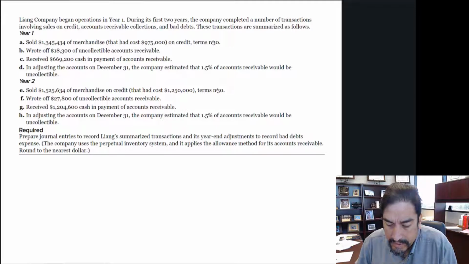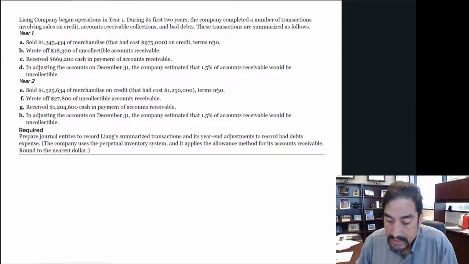We've got A, B, C, D, and E, F, G, H. We've got credit sales, credit write-offs, credit collections, and then the end of the year adjustment for the allowance for doubtful accounts account.